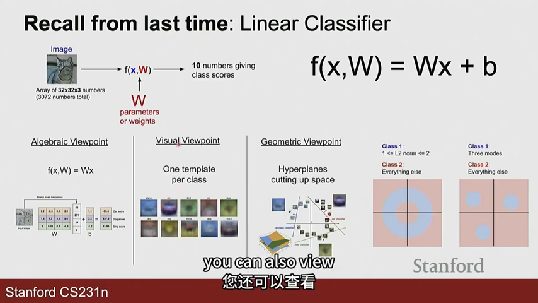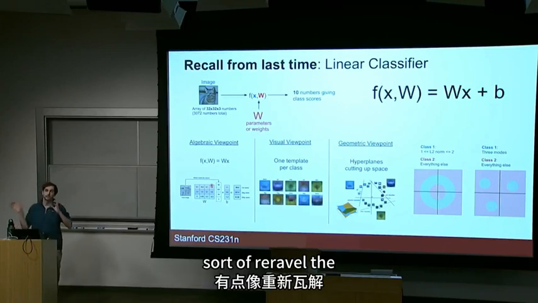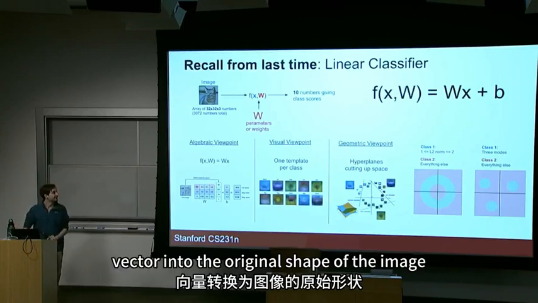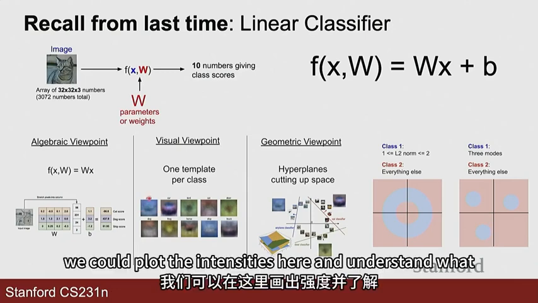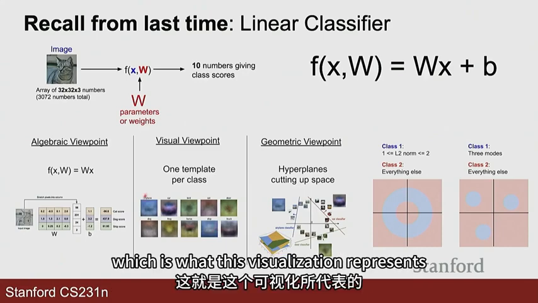You can also view these learned class weights as templates, where if we re-ravel the vector into the original shape of the image, we could plot the intensities here and understand the template per class, which is what this visualization represents.